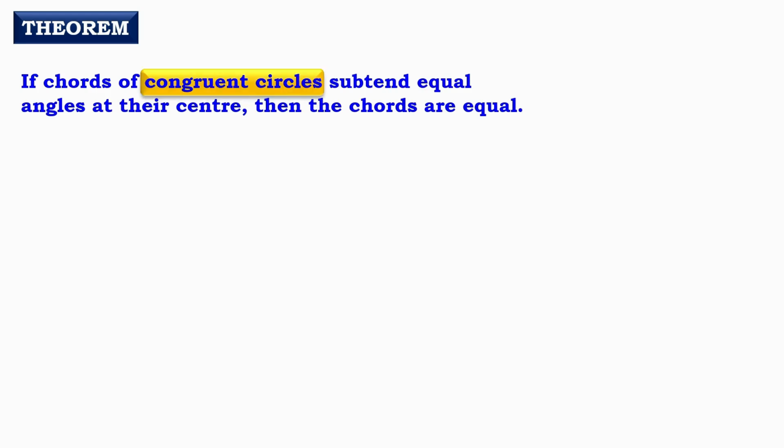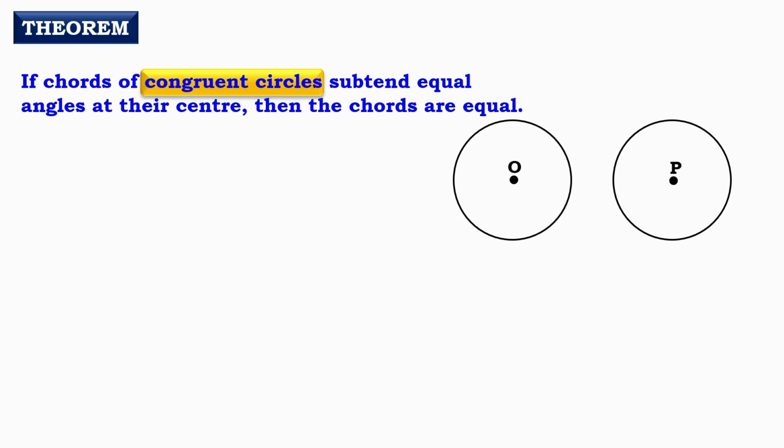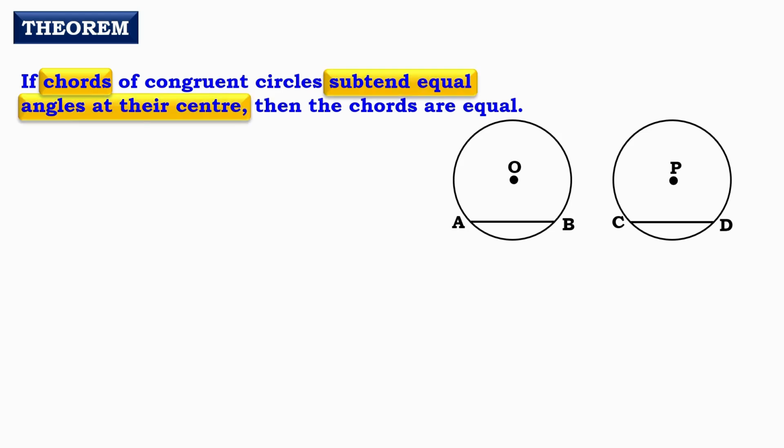So again, congruent circles is given. So let us draw this. Okay, with a different center O and P. Now here chords are given. So the first circle, let us consider the chord as AB and second one is CD. Now they are making subtending equal angles at their center.